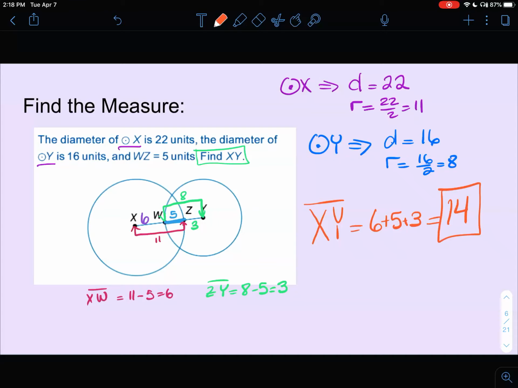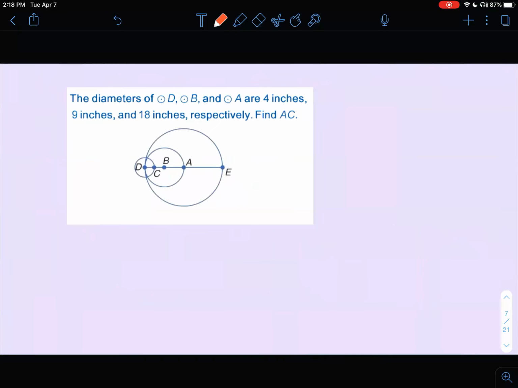All right, so now let's look at our next problem, because again, we don't have concentrics, we just have circles kind of embedded with each other, forming chords and forming radii and having overlapping values. For this one, we have the circle A, which you can see here's the center of circle A. We have circle B, here's his center, and we have circle D, which is this little guy over here.